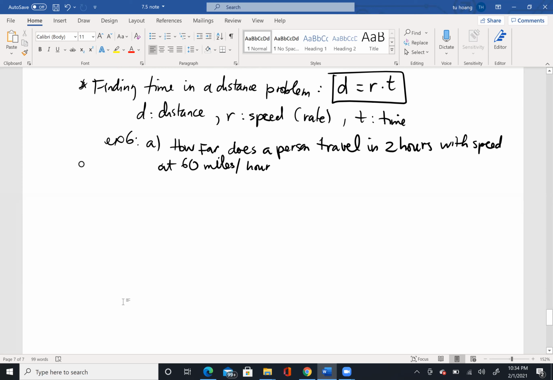You can just apply the formula: distance equals R times T. Then substitute.